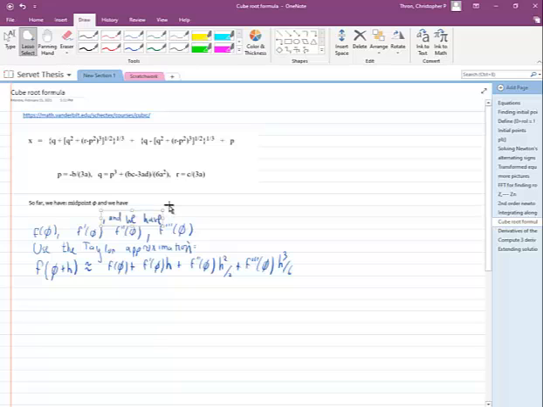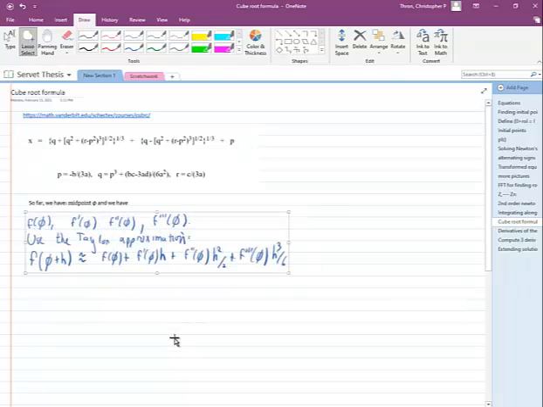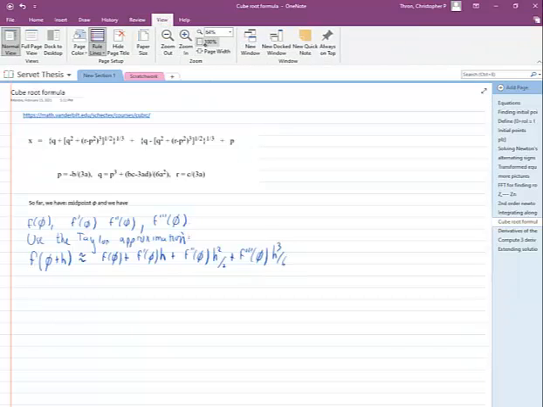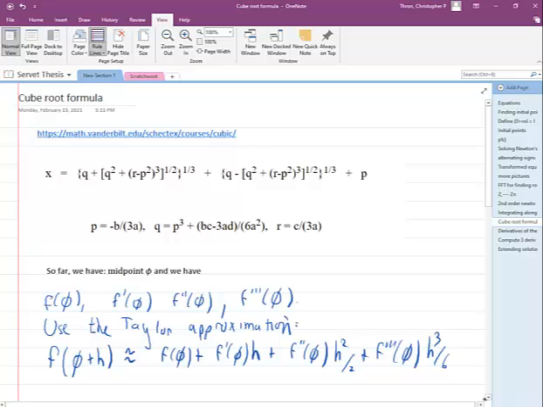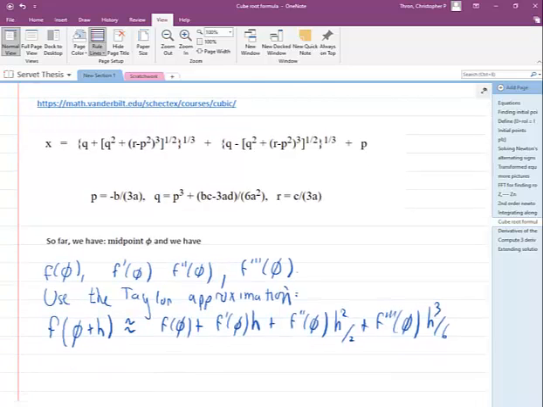So we're going to use the Taylor approximation. Now what we want to do is find the h that makes a root. So we want to find roots of f.